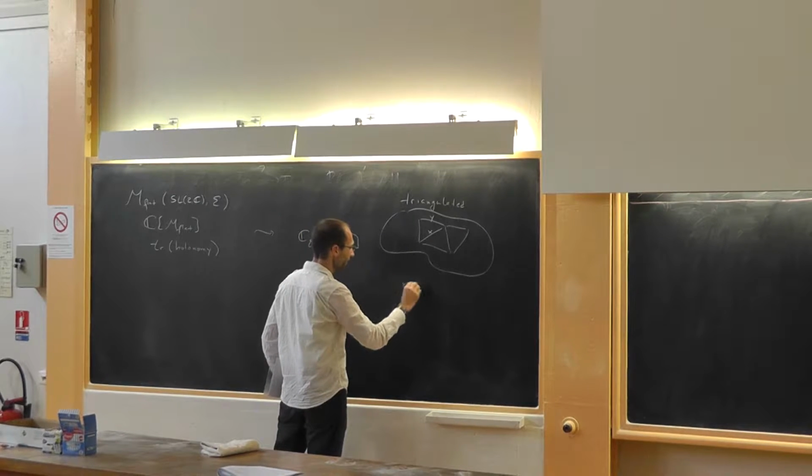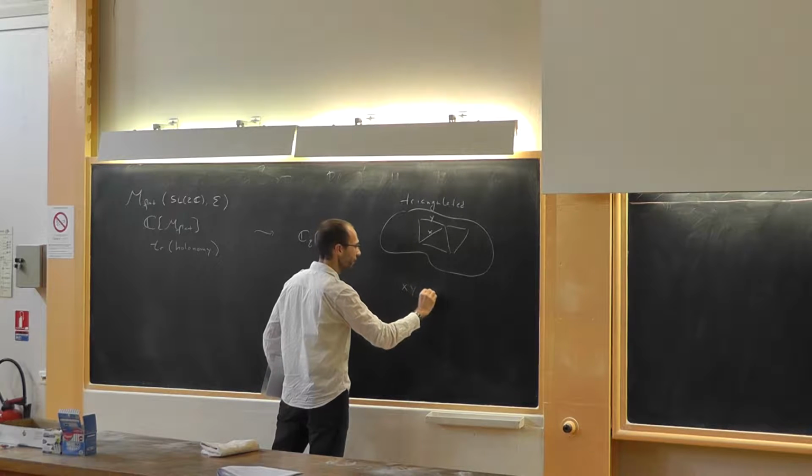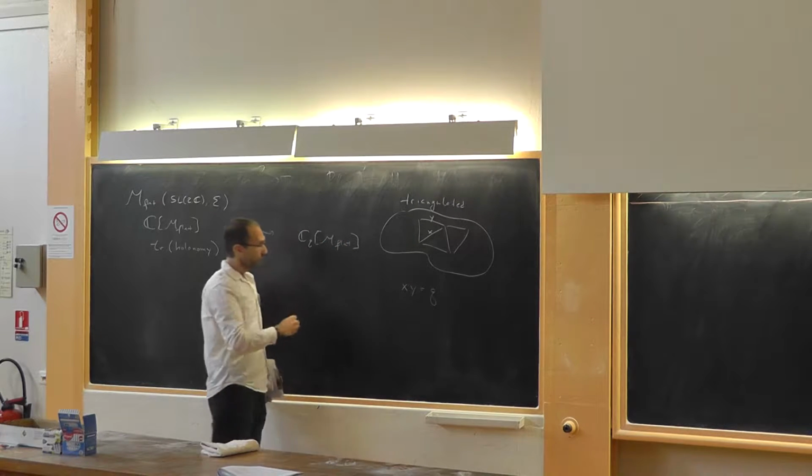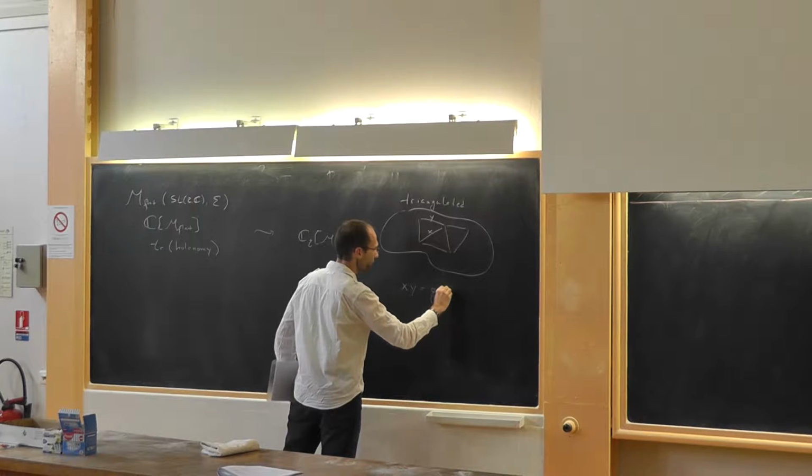They satisfy a very simple Q commutation relation for 2 edges that share a triangle. xy is qyx.